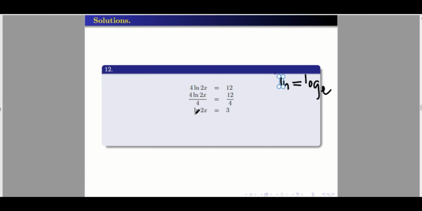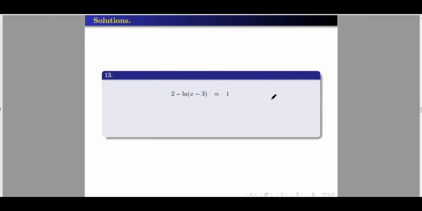So every time we have this one, e raised to 3 is equal to 2x. So divide both sides by 2, we have this. Take note, e is a constant, and since we are not allowed to use a calculator, therefore we will have this as our answer, e cubed over 2.